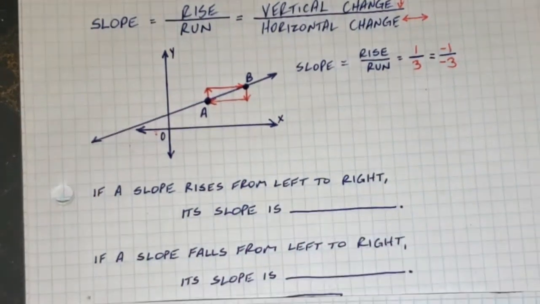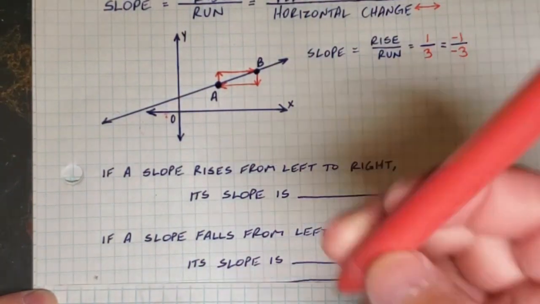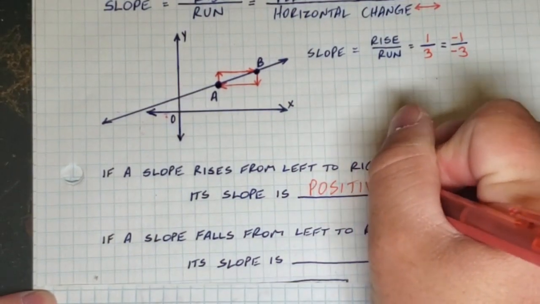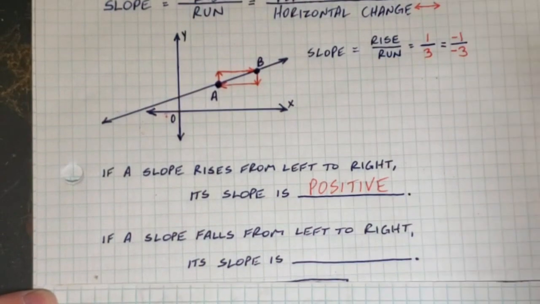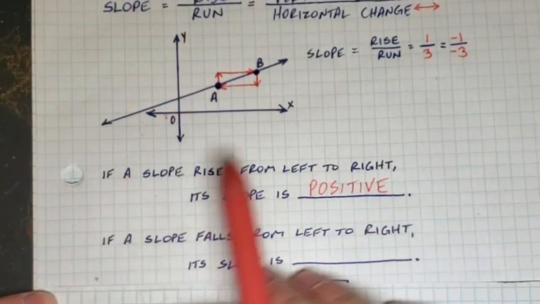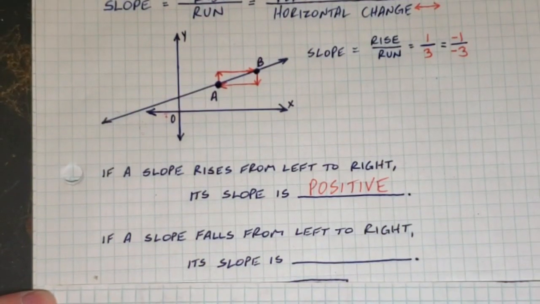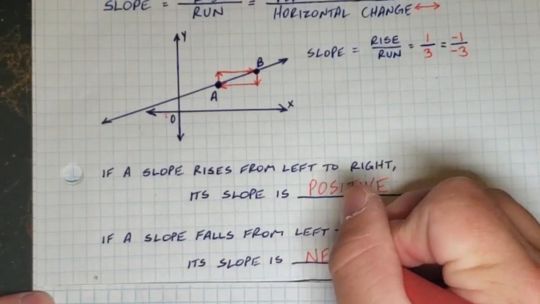If a line or if a slope rises from left to right, its slope is going to be positive. Okay, I knew that one was going to be positive before I even counted because it's going up left to right. Now, if a slope or a line falls from left to right, then its slope is negative.